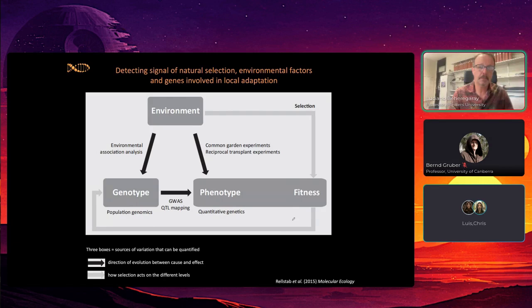Let's just think about, for instance, population genomics, which is what most of us do. Population genomics will only interrogate information on genotypes. Quantitative genetics will interrogate information from phenotypic variation. Some methods, such as GWAS and quantitative trait locus mapping, will combine the information from those two.